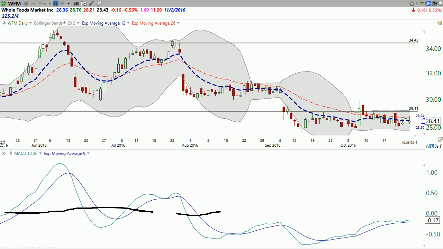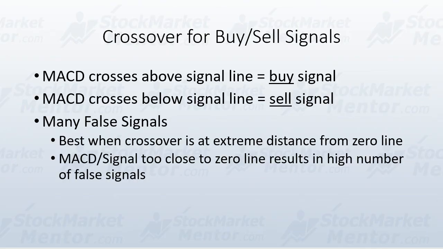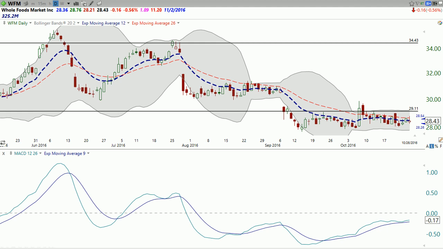So let's look at some real basic classifications so you can get on your way with this indicator. For crossovers, if the MACD line crosses above the signal line, it's a buy signal. If it crosses below the signal line, from above to below, it's a sell signal. But the issue is you're going to get a lot of false signals here. You can look at the different crossovers here.